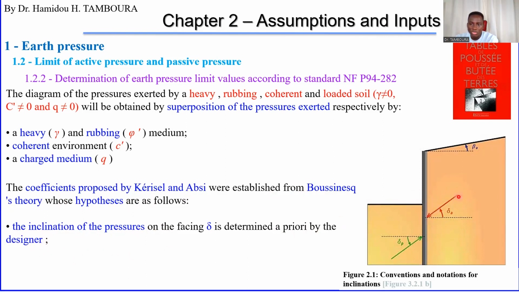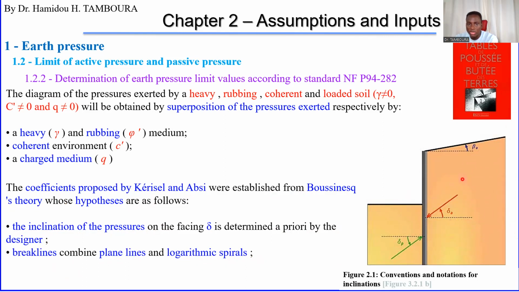So you define your inclination. It's up to you. The sliding lines, the failure lines, these lines, I think here around here, should be Rankine theory and Boussinesq.